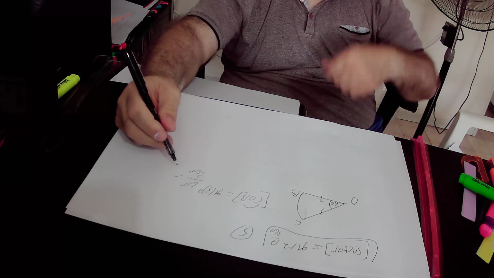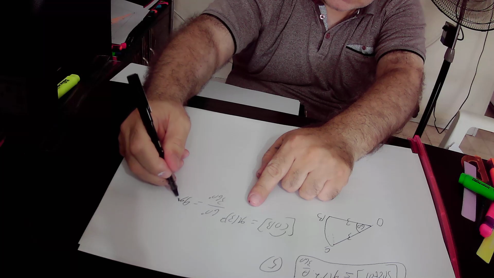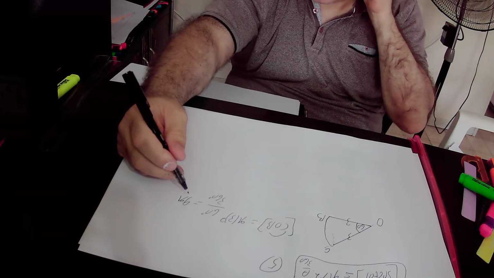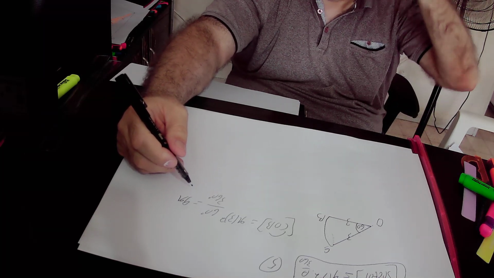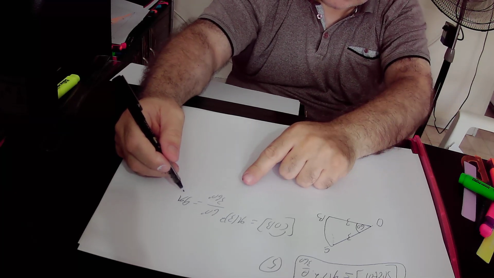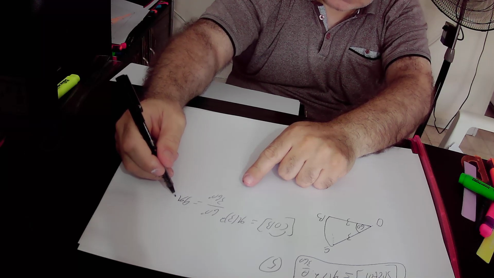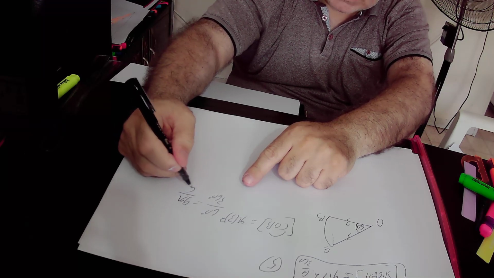3 squared is 9, so this expression in total equals 9 pi. 60 degrees over 360 degrees is 1 over 6. Okay, so it is 1 over 6.